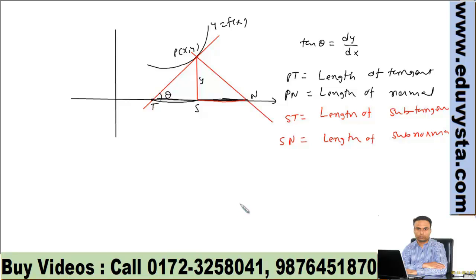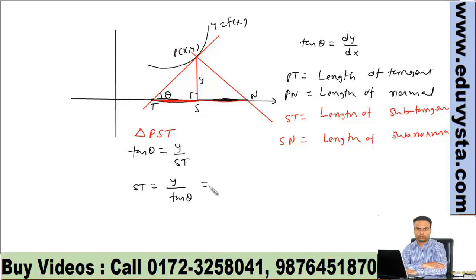Now we are interested in finding all these lengths so that we have formulas for them. In the questions, we have to find these lengths, for which we can use direct formulas, which we will be deriving now. Let's find first of all ST. To get ST, we consider triangle PST. In this right angle triangle, tan theta is equal to y upon ST. So ST is equal to y divided by tan theta.